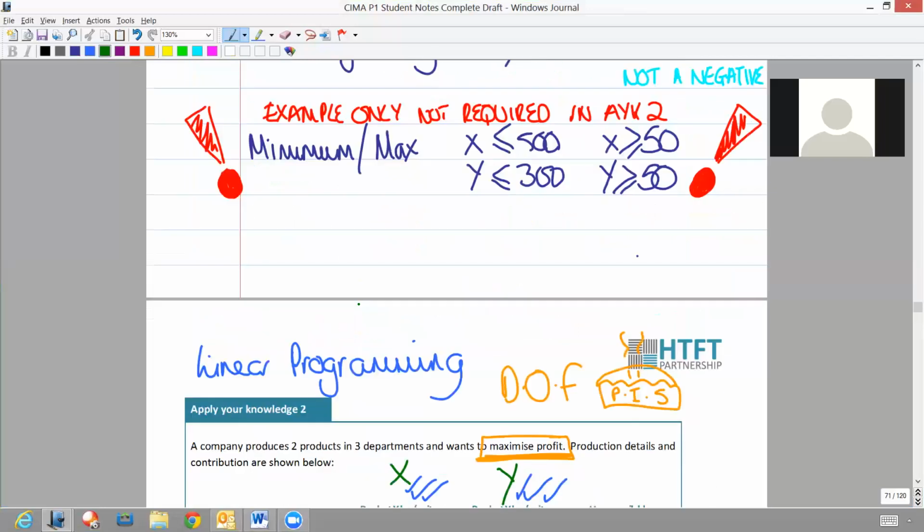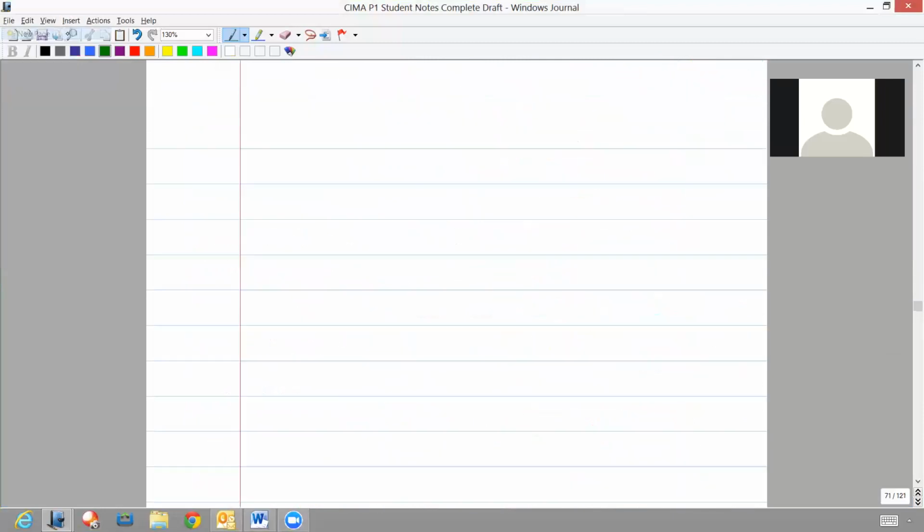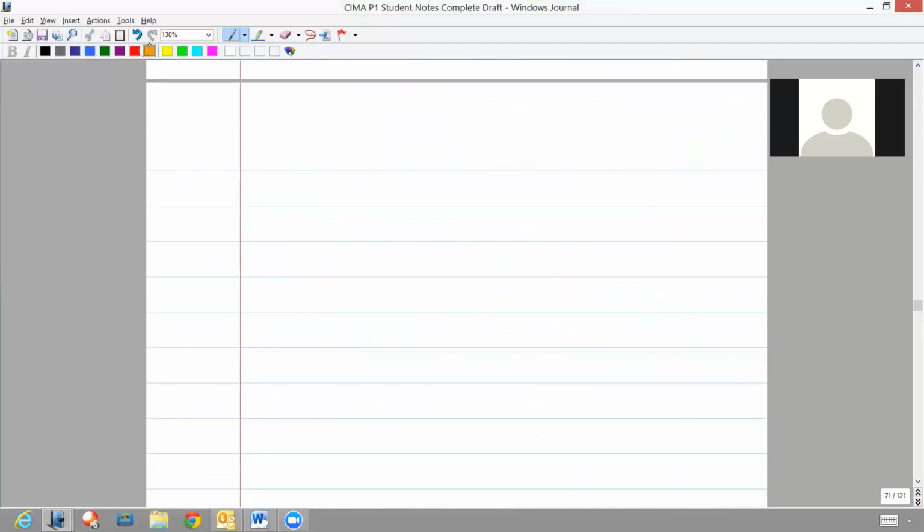So what we're going to do, put another page in. I'm just going to remind you of our steps, DOF pies. We've completed define the variables, state the objective function and formulate the constraints. We're now on P, and P are your points to plot.